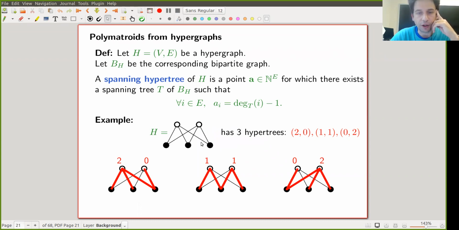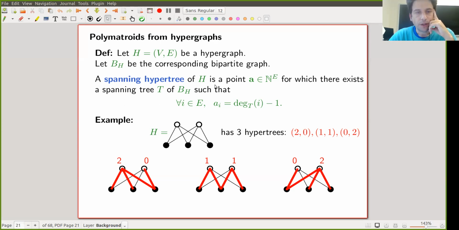So here is my hypergraph that is represented by this bipartite graph here. On top, you have the hyperedges, and on the bottom you have the vertices. So I want to give a definition of a spanning hypertree, so a spanning tree of these hypergraphs.